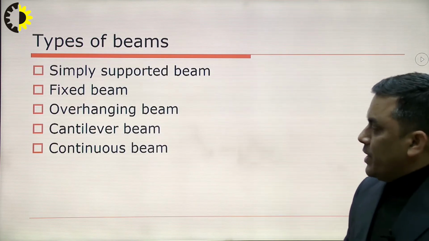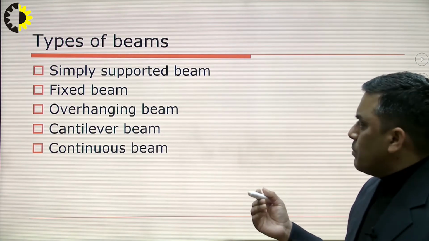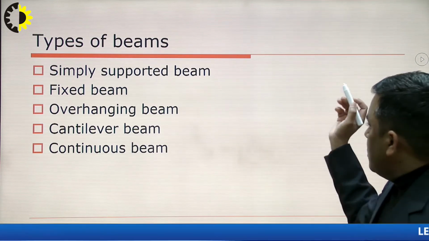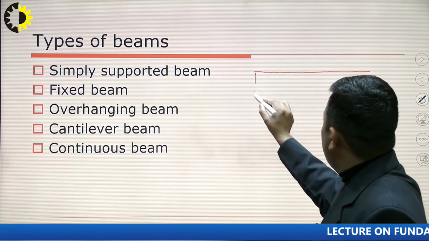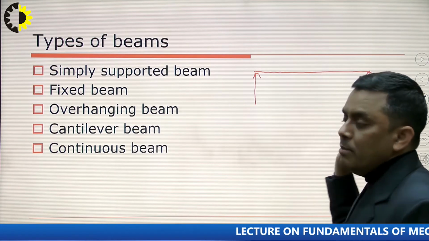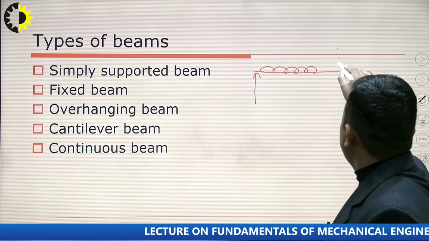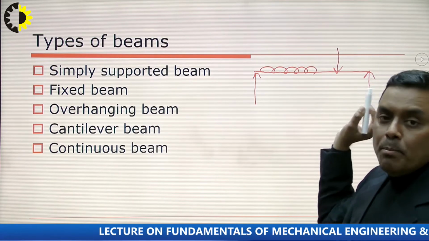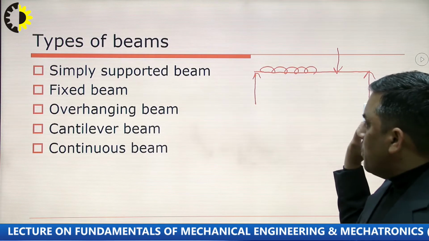Now, what are the different types of beam? Simply supported beam, very clear, there is nothing much. If both ends of the beam are supported on simple supports, that is what we can call a simply supported beam.